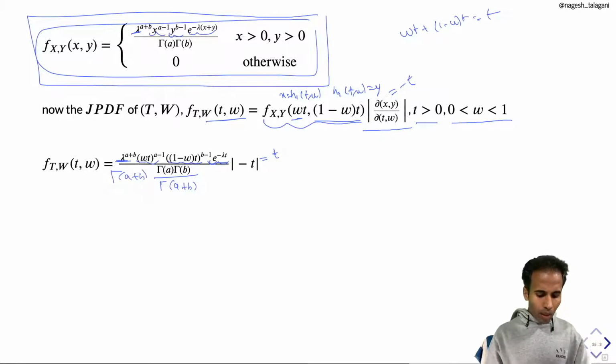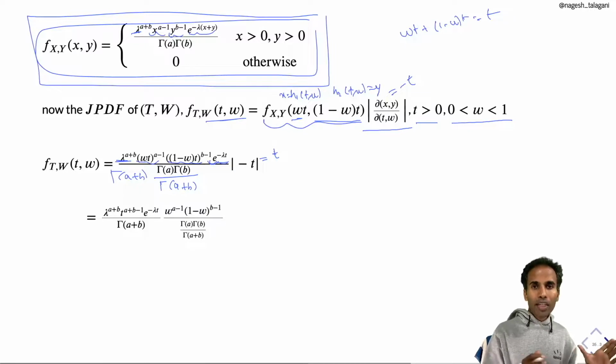Now let me rewrite the joint PDF of T, W like this. Let me separate the T things and the W things. Lambda to the power of a plus b. Here we have a t to the power of a minus 1, here we have a t to the power of b minus 1, and here we have a t. The total is t to the power of a plus b minus 1.